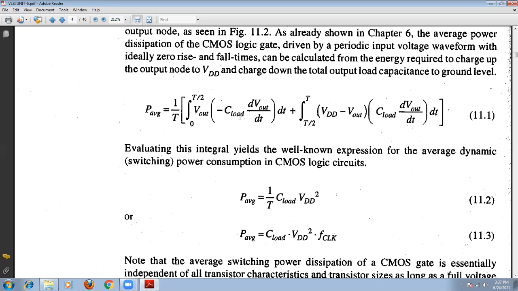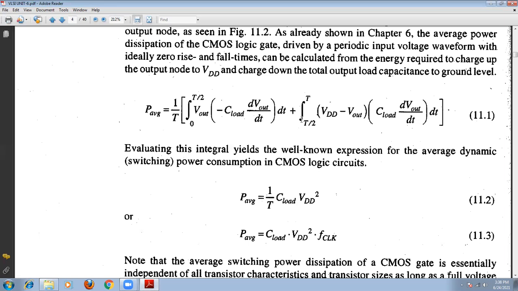In this condition the transistor is on and the capacitor discharges, assuming the high state. This discharge condition is represented by the minus sign. This is the amount of current, C load into dV by dt, because the current through a capacitor is equal to C into dV by dt.